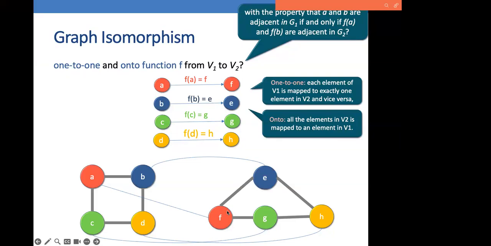And we also said that the function must be onto. Okay, so that means that all the vertices in V2 are mapped from a vertex in V1.